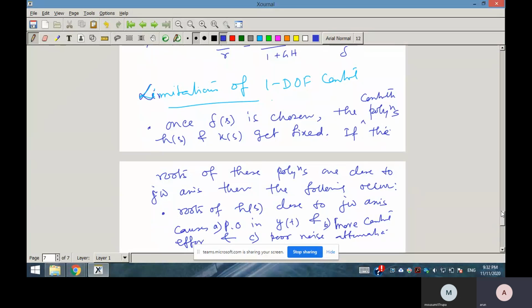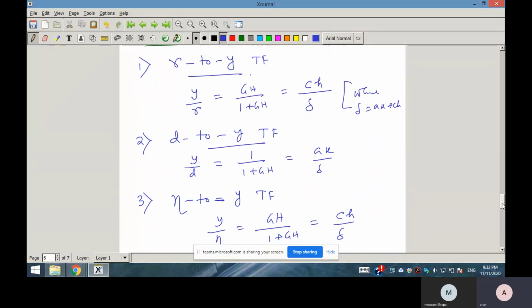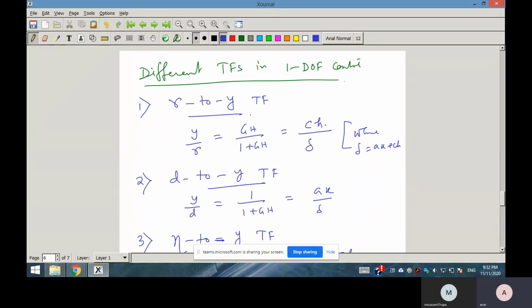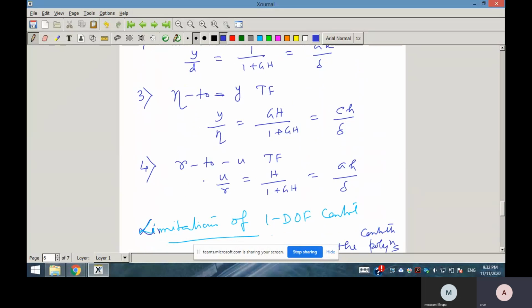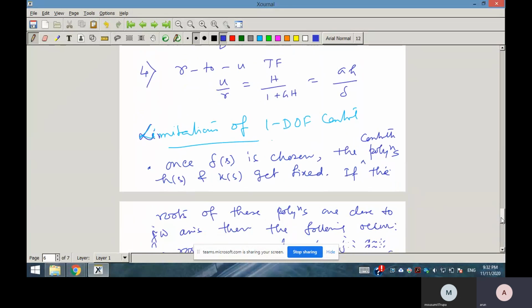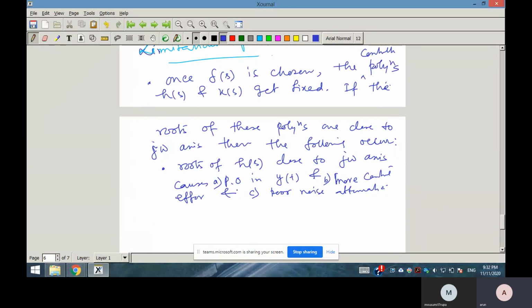That you can easily see. You just see where HS is appearing: in y by r, u by r, and y by eta. So that is why these three problems will occur.